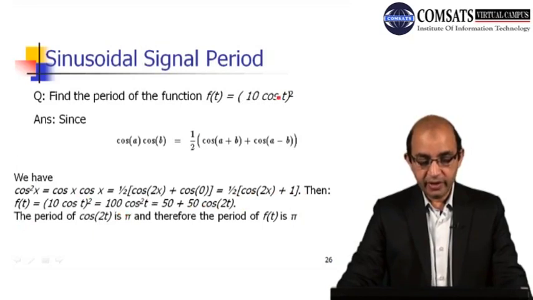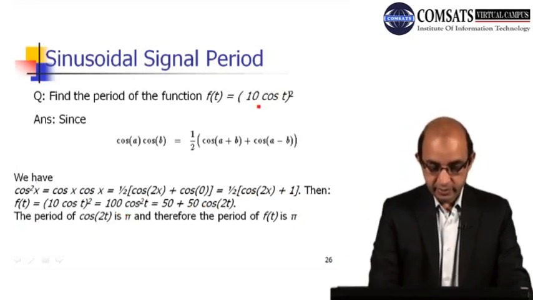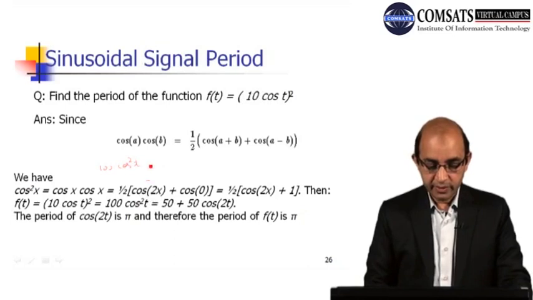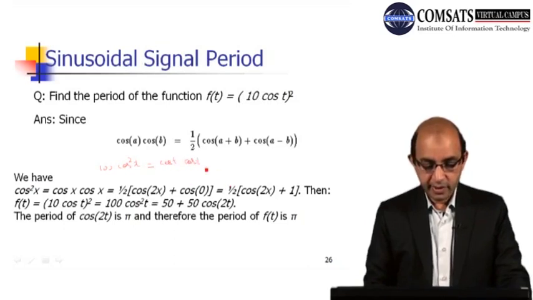In this case, we need to square 10, which is 100, and we have cos square t, which is cos t into cos t, right?